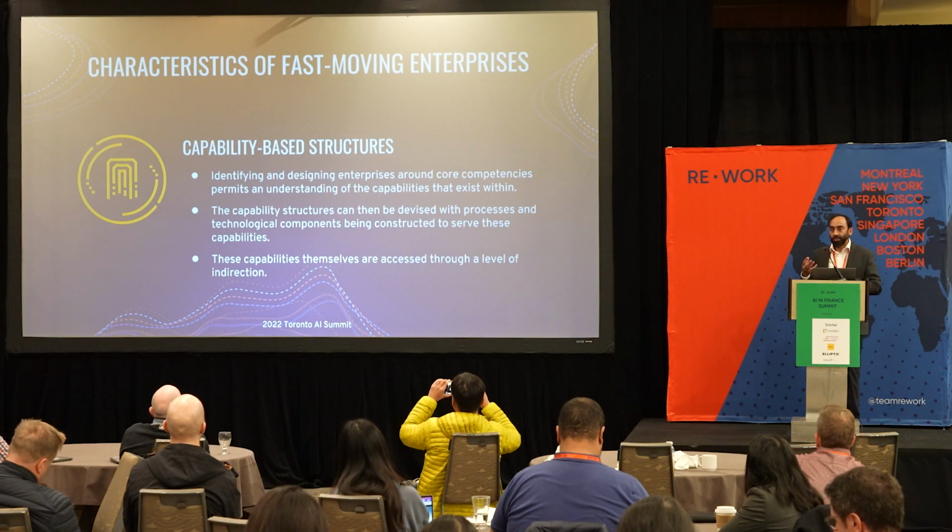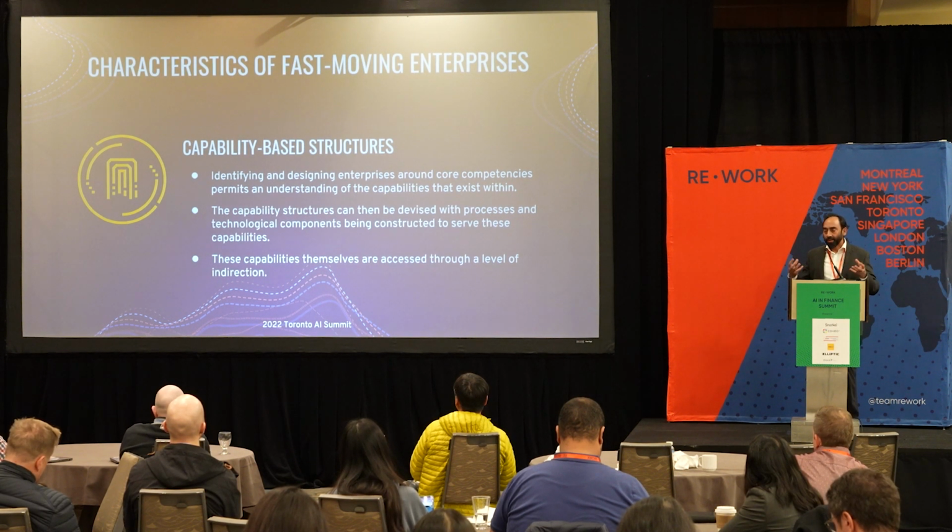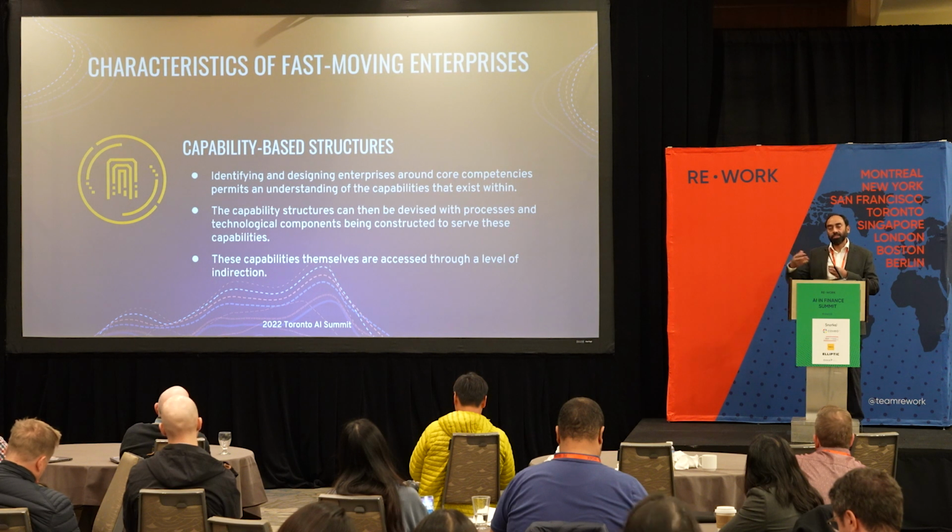In an organization, you'll see there are various departments. Like you'll have marketing, sales, finance, and IT. These are natural aggregations of functions that exist within an enterprise. But capabilities go beyond that.